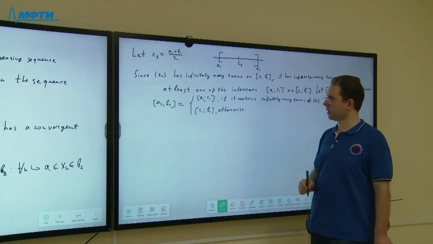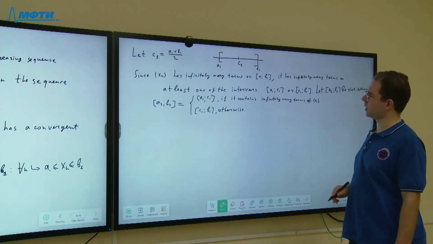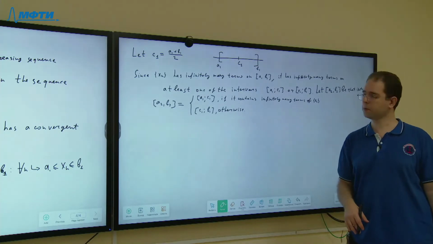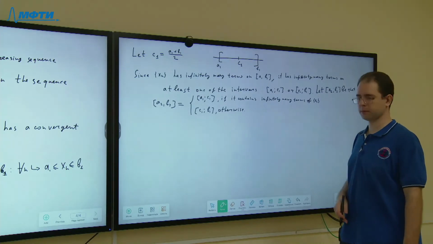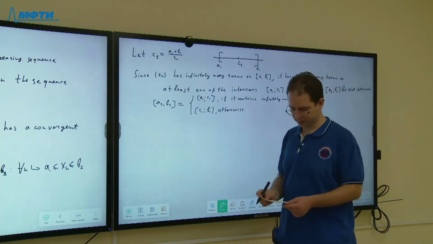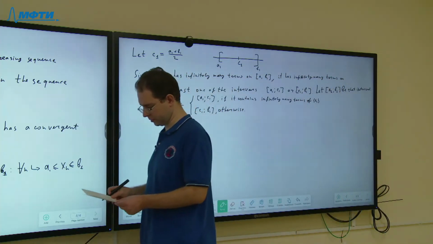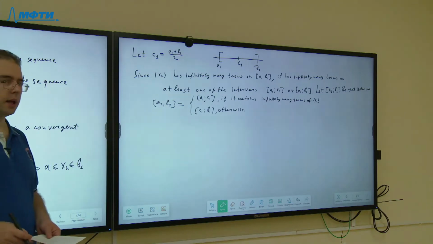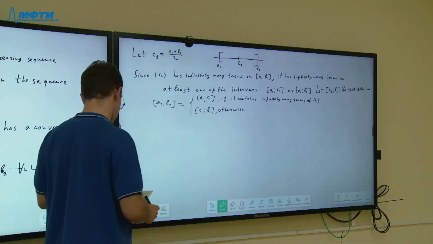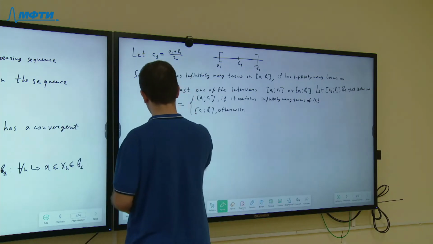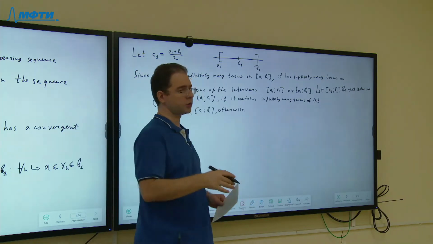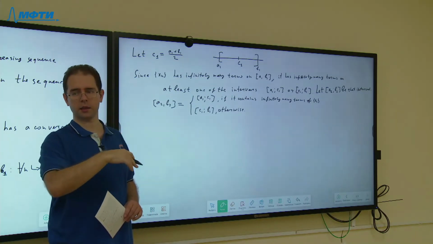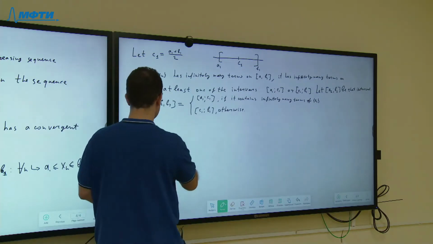So if the left half contains infinitely many terms, I take that half, otherwise I take the other half. Okay. And then I'm going to repeat this step again and again. Repeating this process.